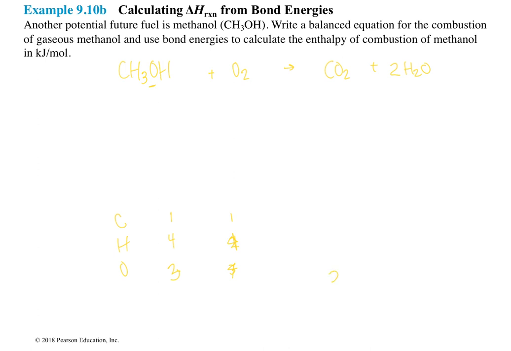I have 2 from oxygen and 3 on the other side, so I'm going to have 3 halves here, making that balance out. You could multiply everybody by 2, but we're going to do it for combustion of 1 mole of methanol. You could multiply it by 2, but then you'd need to divide by 2 at the end to get it per mole of methanol.